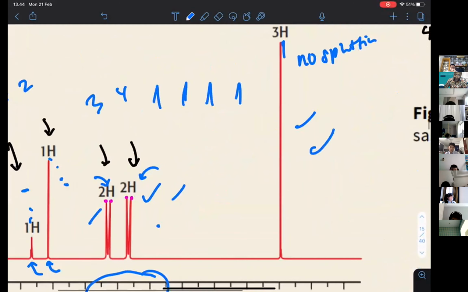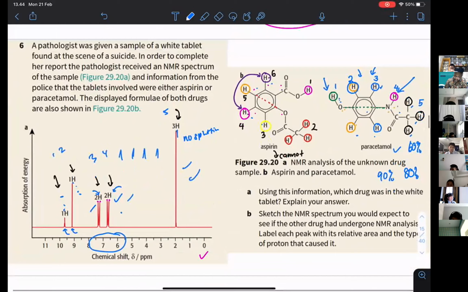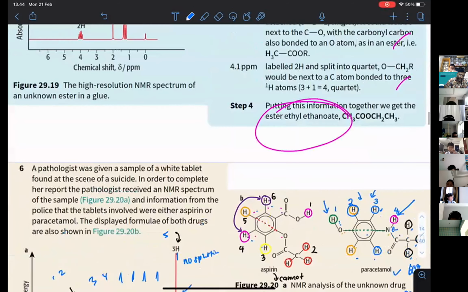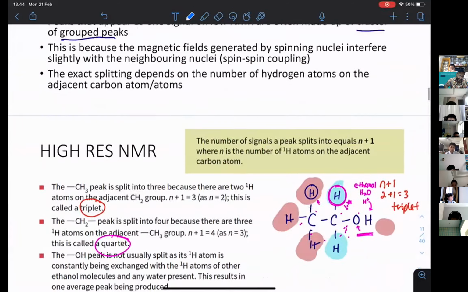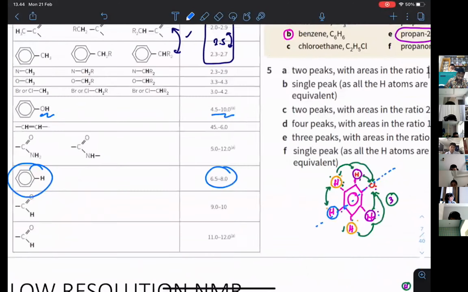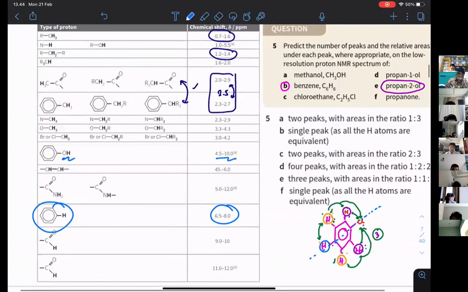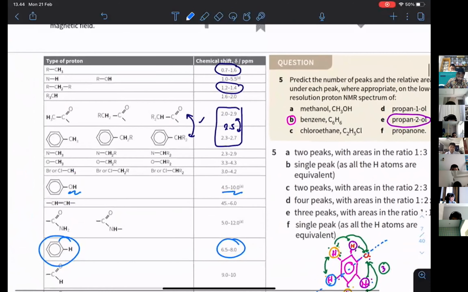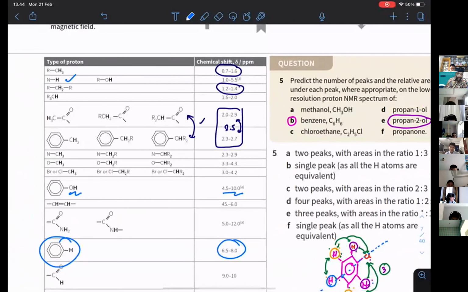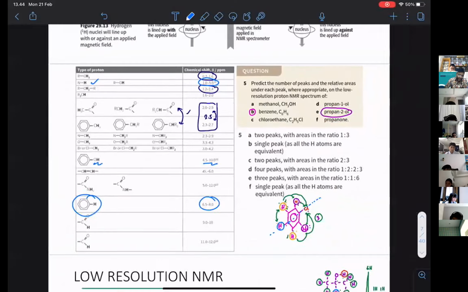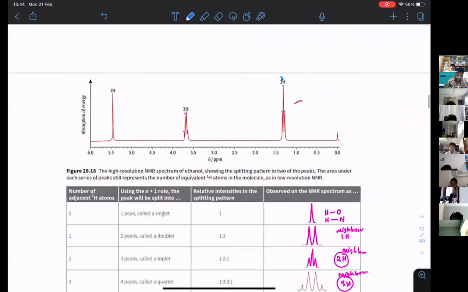But then we look at this NH. Let's look at NH. 1 to 5.5. See whether they have any 1 to 5.5.